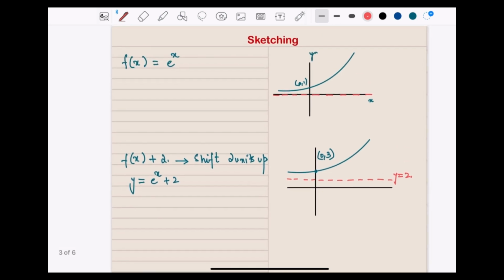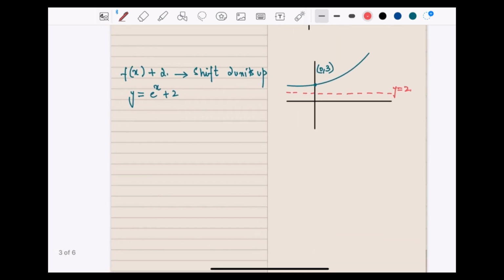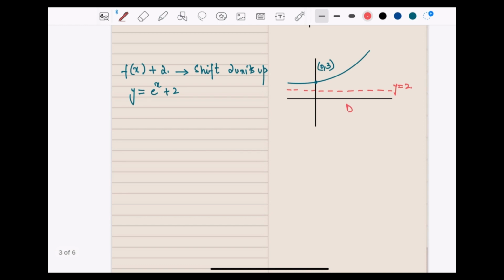Now if this graph had its domain x belongs to real numbers, and the range was y greater than the asymptote value, this graph will have its domain x belongs to real numbers, but the range is now y greater than 2.